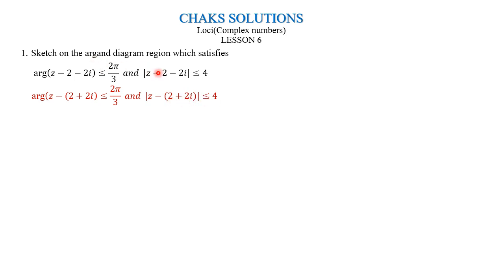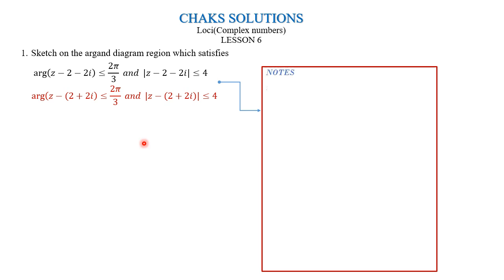So we need to sketch this region on the same Argand diagram here. Right, so let's go here. Alright, so the first thing here, we are going to put the imaginary axis for the first diagram. We are going to see that it's a half line from the point 2, 2 with an angle of 2 pi over 3 and a region which is less than 2 pi over 3 here.